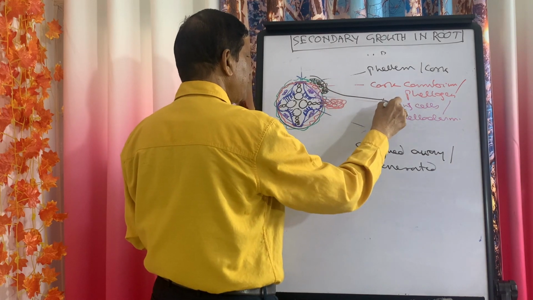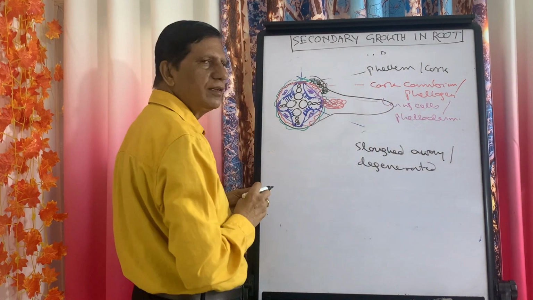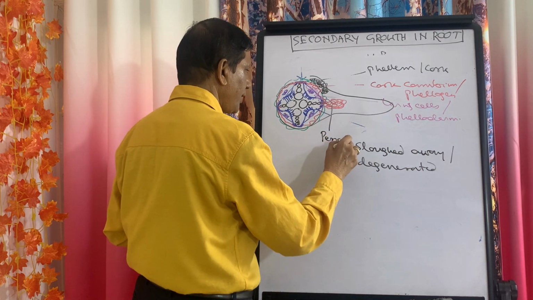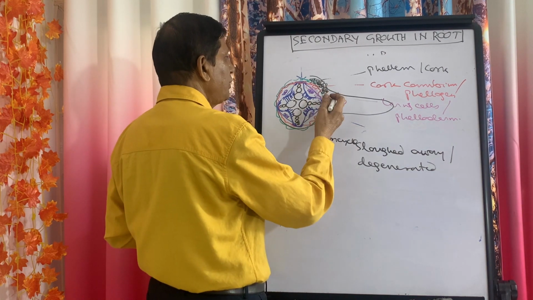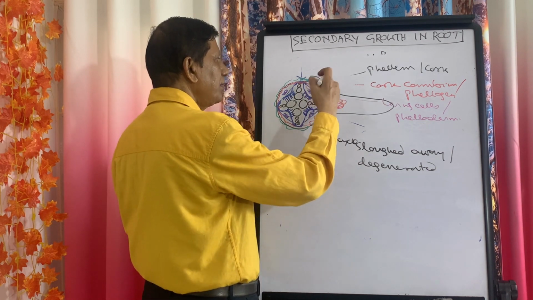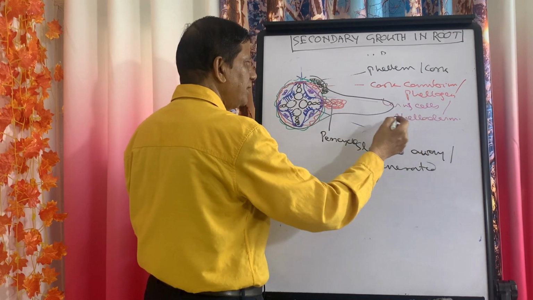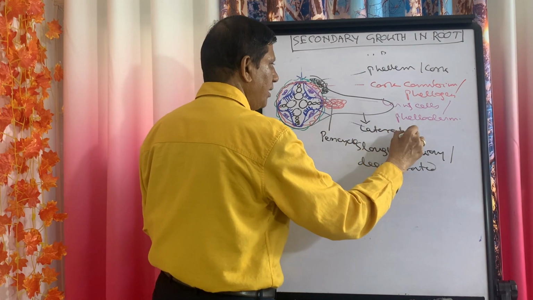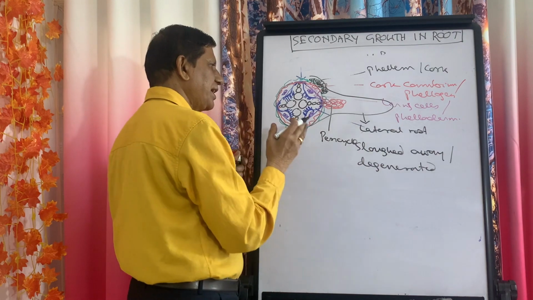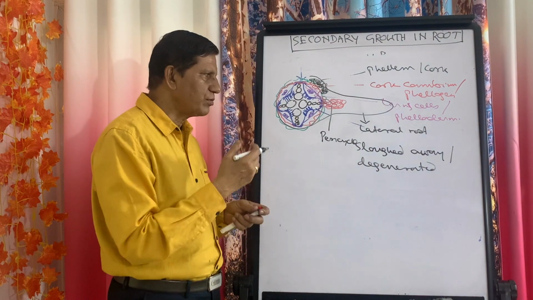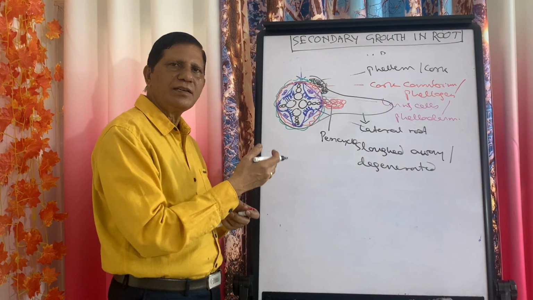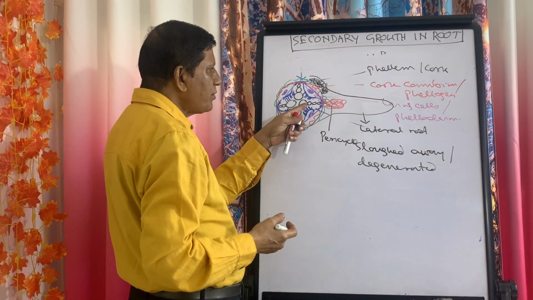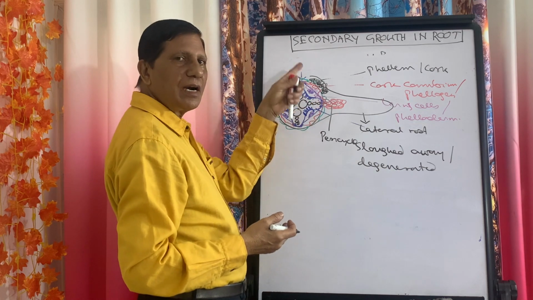so that the tissues present outer to it become extended. This is the pericycle, and outer to it there are endodermis and periderm, which will also be extended. So this is known as a lateral root. That means the pericycle is giving rise to a lateral root, and this lateral root always comes out just opposite to the protoxylem, not at any other place.